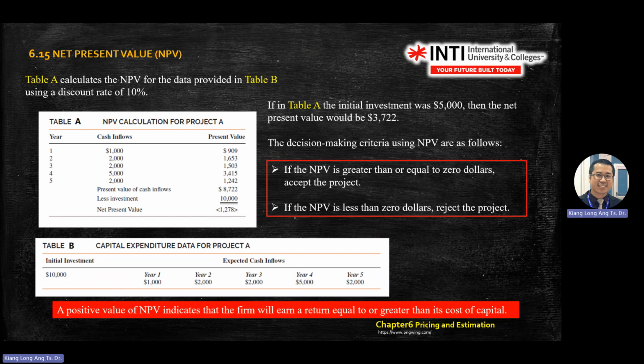What happens if at the end of your question, normally I'll give you project A and project B? Project A gives you an NPV of 1,000. Project B gives you an NPV of 1,200. What is your answer?